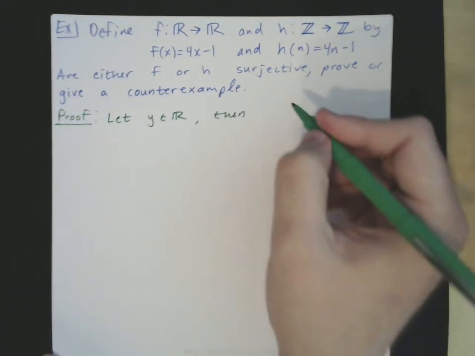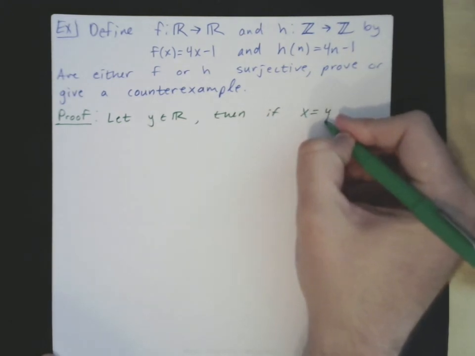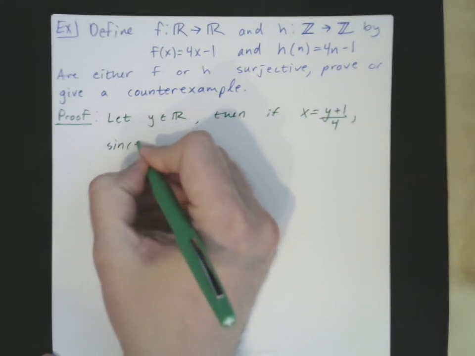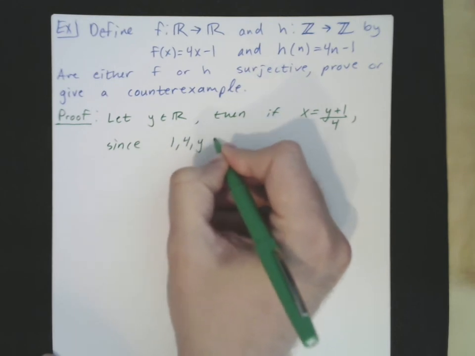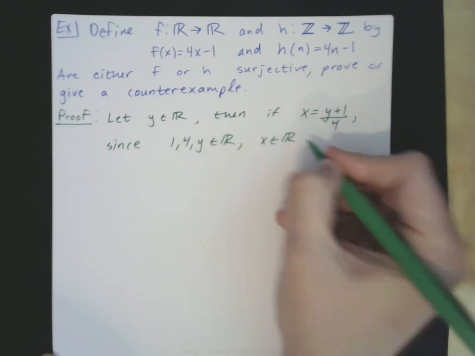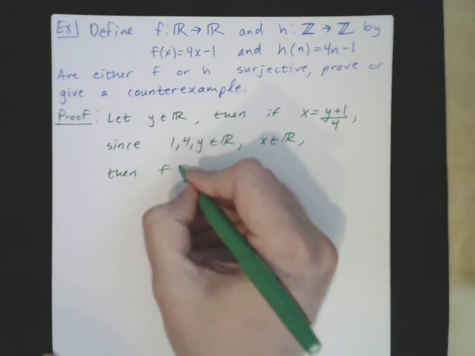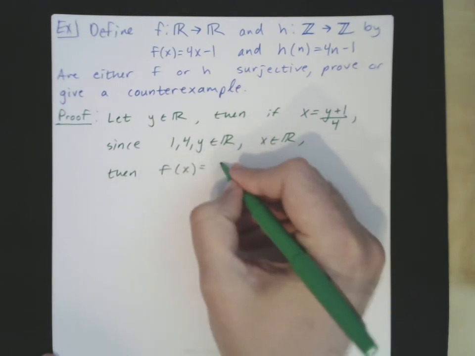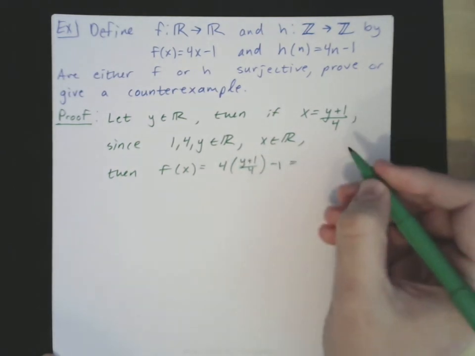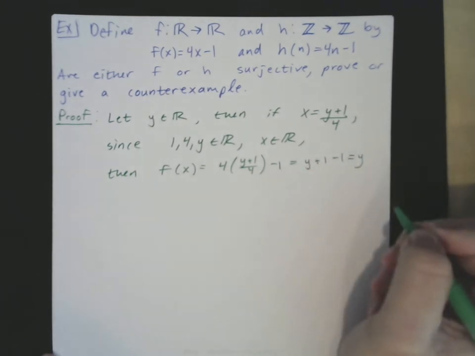Then, if x equals y plus 1 over 4, and since 1, 4, and y are all real numbers, x is a real number, then f of x equals 4 times y plus 1 over 4 minus 1, which equals y plus 1 minus 1, which equals y.